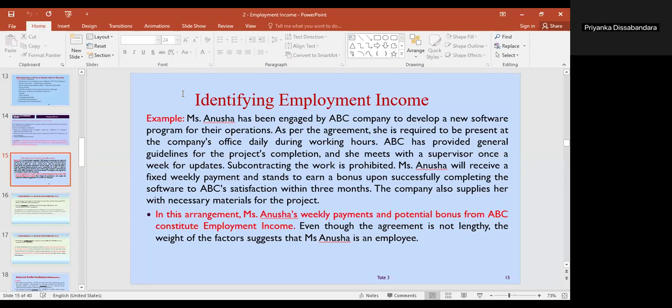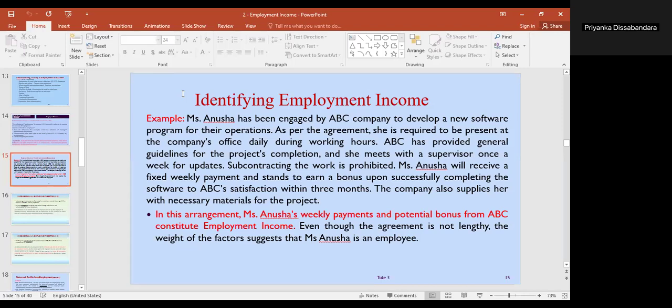And there are some situations where some doctors go to private hospitals for a consultation. What kind of income is it? Under which source do we have to categorize that income? That means the consultancy fee received from a private hospital. Professional fee?